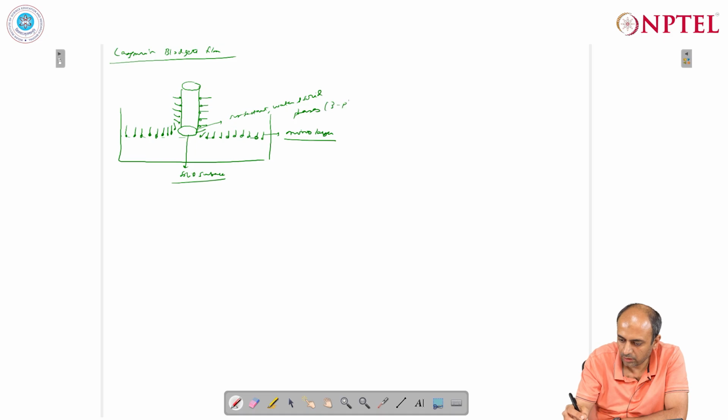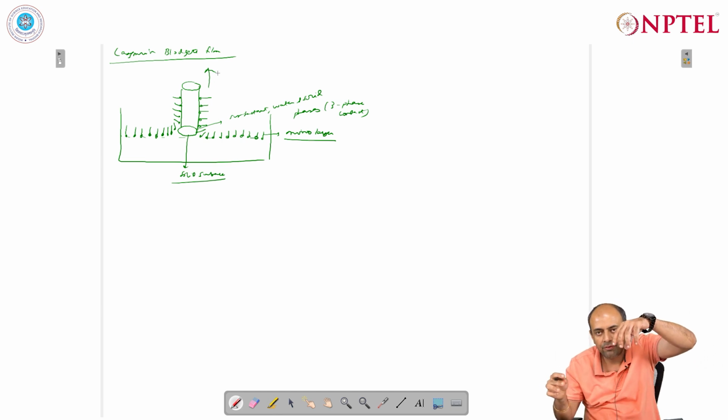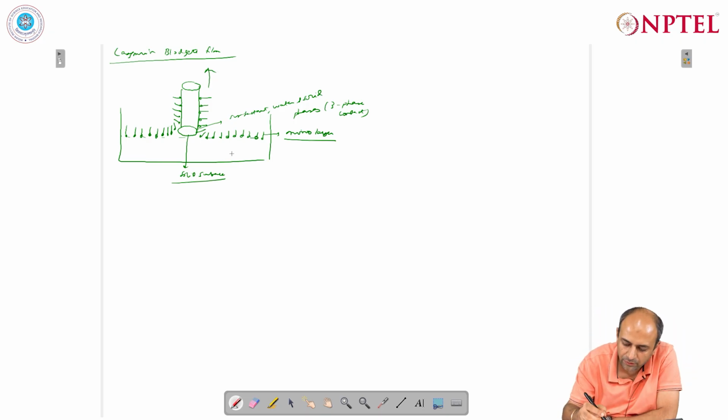So, this is called a 3-phase contact, and now this particular solid is being pulled at a certain rate. So, when it is being pulled, the surfactant molecules now start forming the monolayer on top of this particular solid surface. The solid surface can be made of silicon, other metals or metal oxides.